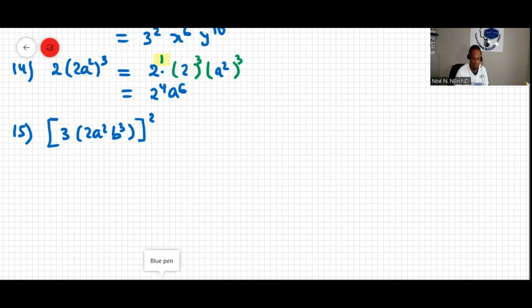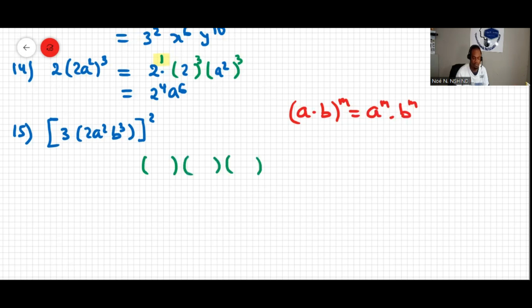Now, as we said, our law says that (a times b) raised to the power of m is equal to a to the m multiplied by b to the m. So over here, the exponent is for each term within the bracket.